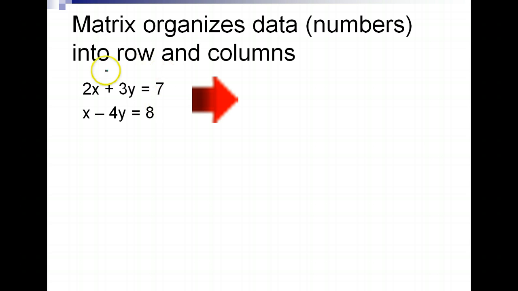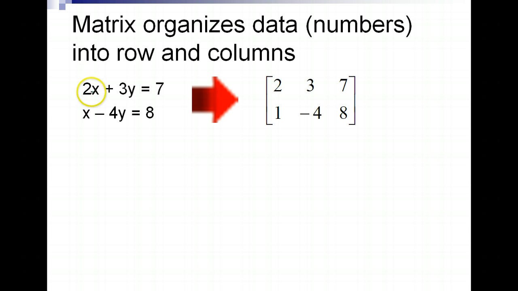If I take the system of equations, 2x plus 3y equals 7, and x minus 4y equals 8, and I eliminate all the variables, all the operations, and all the equal signs, and I have just the numbers, I can turn this system of equations into a matrix.